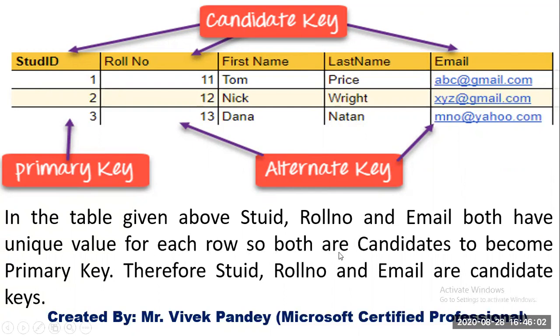So all are candidates to become primary key. Therefore, in the given table, student ID, roll number and email are candidate keys because we cannot put duplicate values in these three columns.